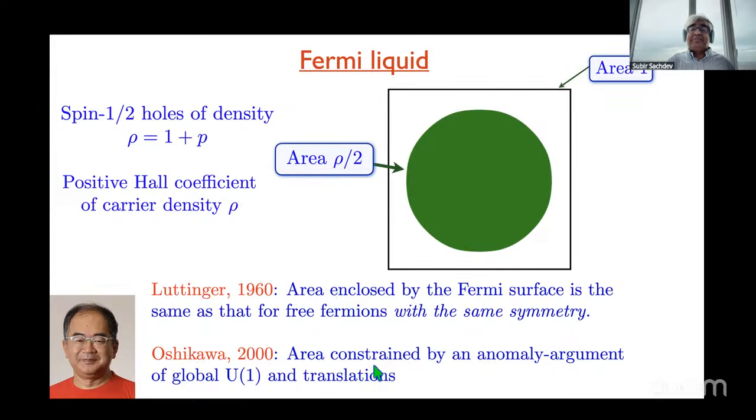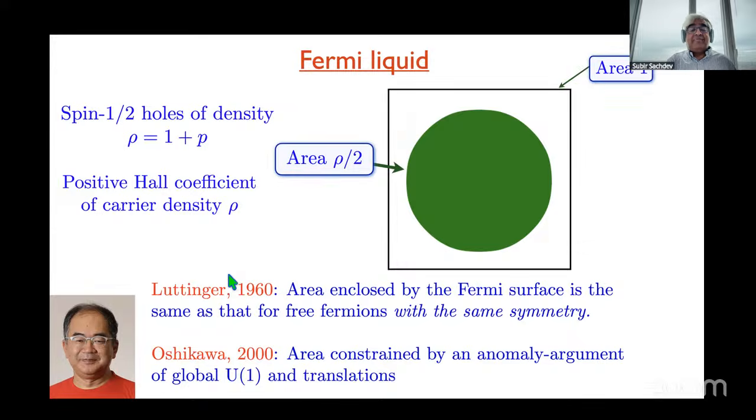This makes no such assumption, but it looks at the response of the system to a global flux, say in this torus, in any system that has a global U(1) symmetry and has the translational symmetry too. Then there's a certain Berry phase factor that the system must pick up, and equating that Berry phase or anomaly to the low energy theory, and assuming the low energy theory has only quasi-particles around a Fermi surface, you get the same answer.